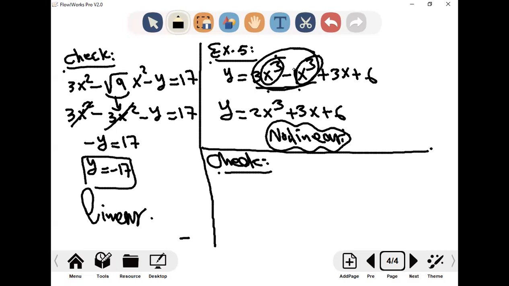Now let's do the check. We have 4x minus 2y power 2 equal 3.